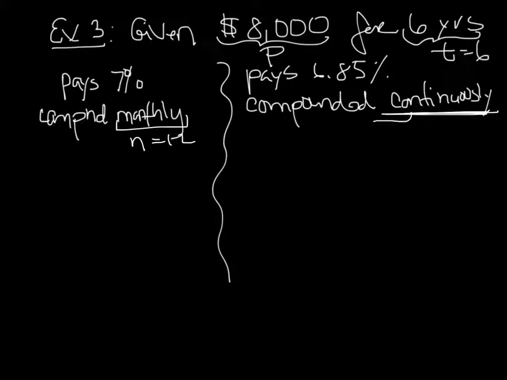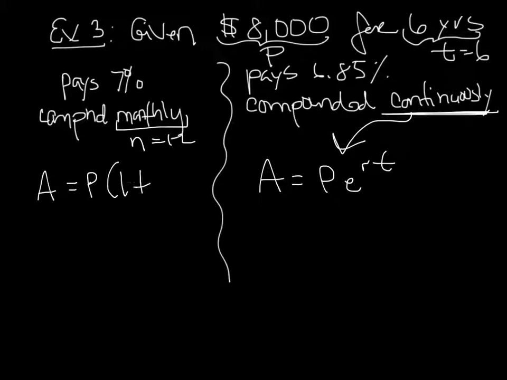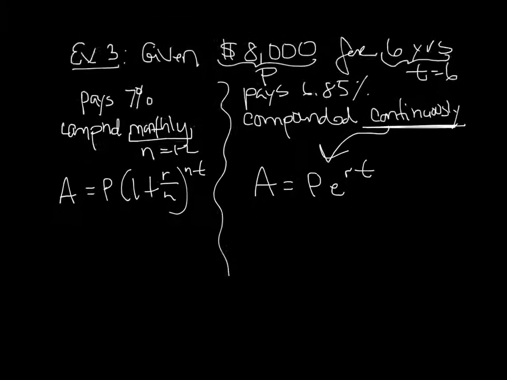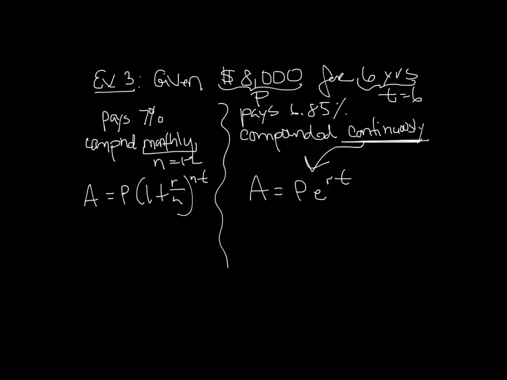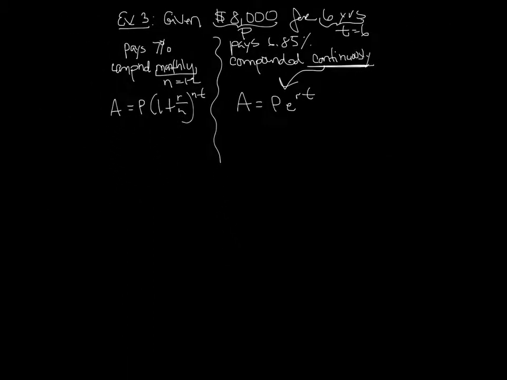So whenever you see continuously, you know you're going to use this formula. And this one's monthly, so you're just going to use this formula. So let's just compute and then compare the two and see which one is the better investment. And it's probably going to be the one that makes more money.